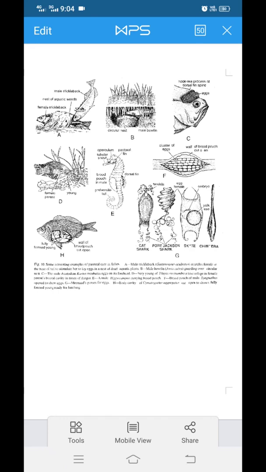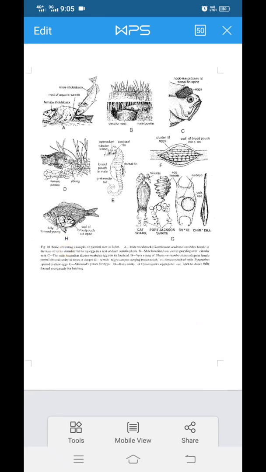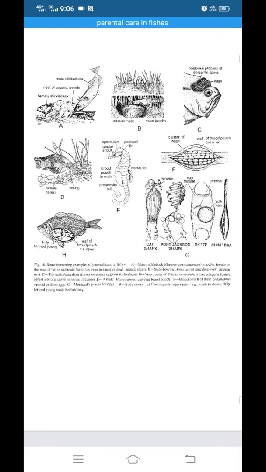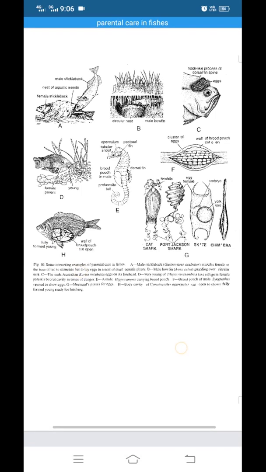Another example is Betta, Macropodus, and several other fishes, where the eggs are collected by the male in his mouth and thrown to adhere to a floating nest of mucus and air bubbles. These examples were of nest building, where fishes show parental care by building a nest for their eggs.